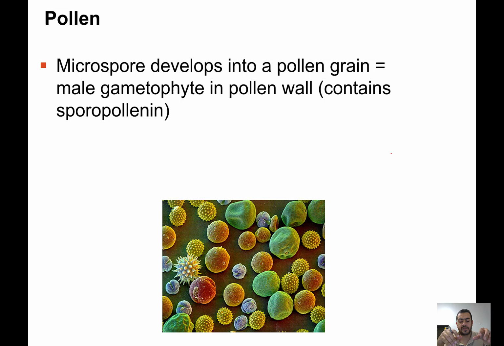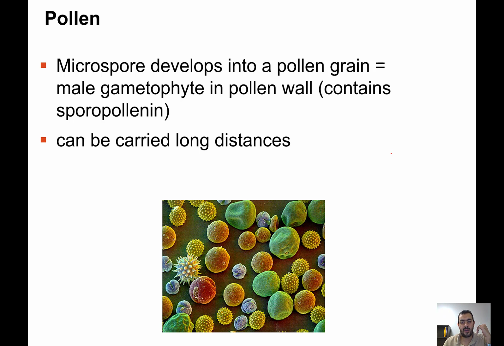So the sperms are not flagellated as before. The sperms now don't need water. They are not dependent on water for dispersal, and they are even more protected by being enclosed in the pollen wall, allowing them to be dispersed or carried by the winds or insects for long distances.